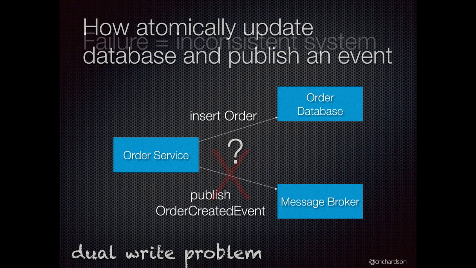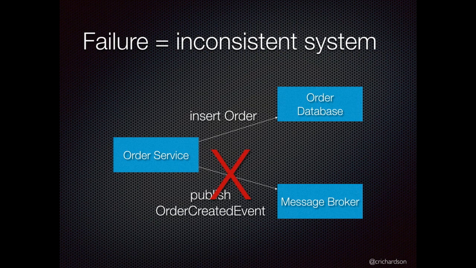Because if you didn't, and let's say that you updated the database and committed the transaction and then crashed before publishing the event, your system would be in a permanently inconsistent state. We actually need transactional semantics for both the database update and the publishing of the message.